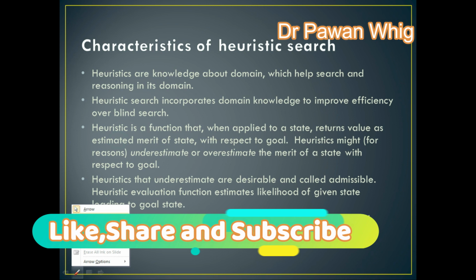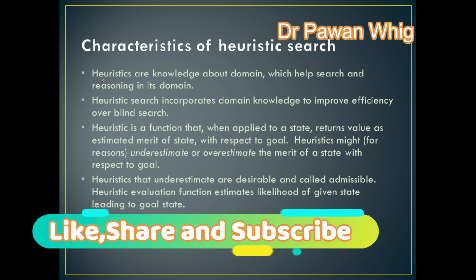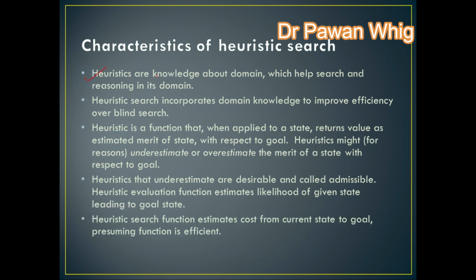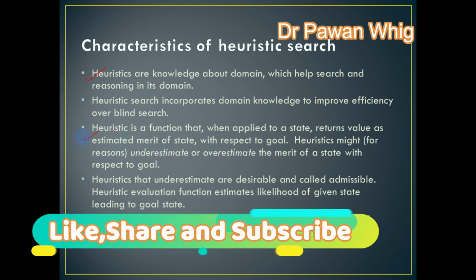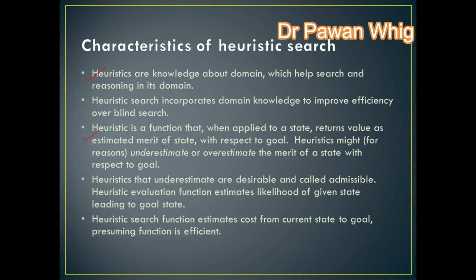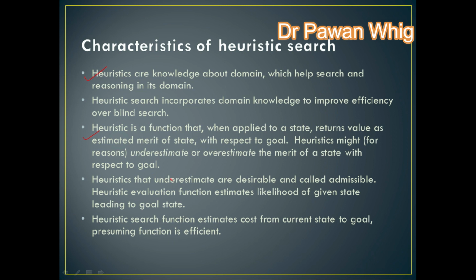Heuristics are knowledge about the domain which helps search and reasoning in its domain. Heuristic search incorporates domain knowledge to improve efficiency over blind search. A heuristic is a function that, when applied to a state, returns a value as the estimated merit of the state with respect to the goal. Heuristics that underestimate are desirable and called admissible.